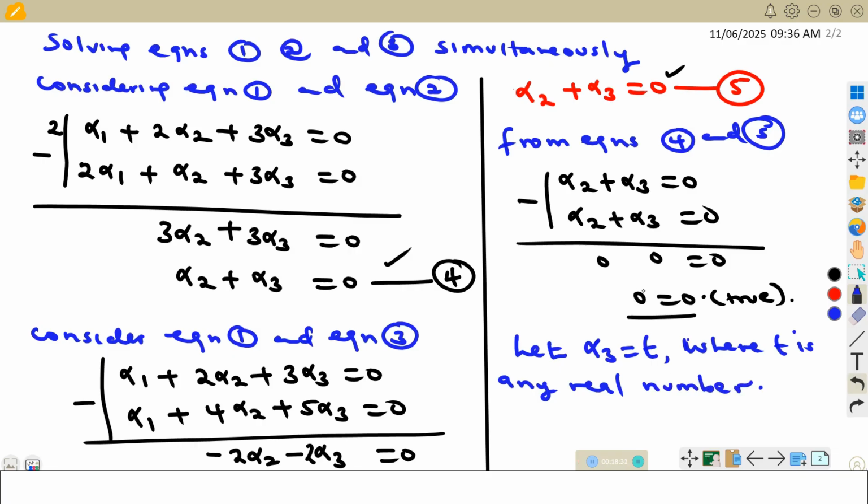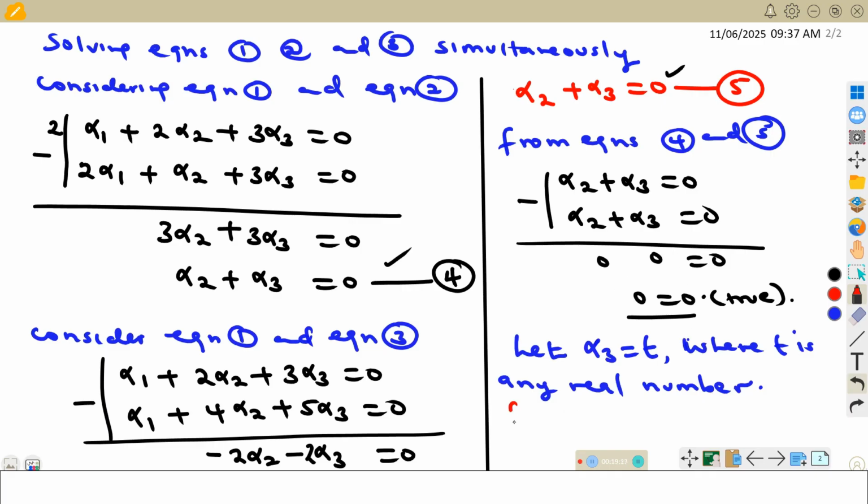So when you get 0 is equal to 0, that one is true, and this will simplify that our system has infinitely many solutions. So you let one scalar be in terms of some other parameter. For example, alpha 3 is in terms of t, where t is any real number.